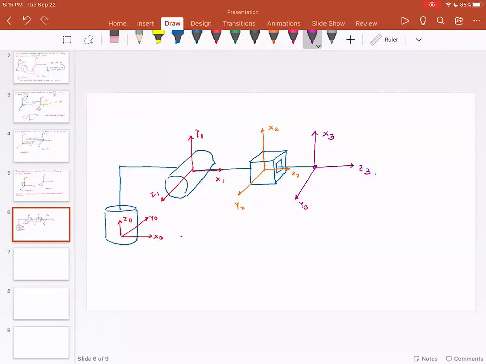Now what I'm going to do is, I'm going to add theta 1, then I'm going to add theta 2, then I'm going to add some distance d. So this distance is d. I'm going to add additional distances here. This is A1. This is A2.